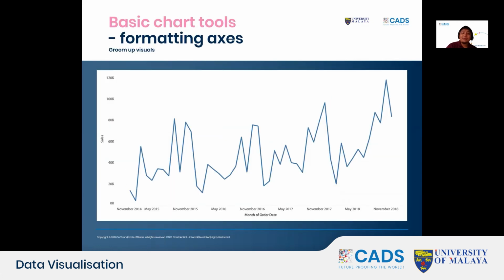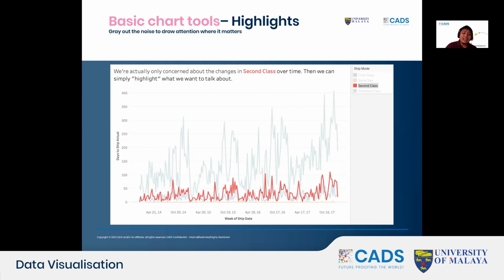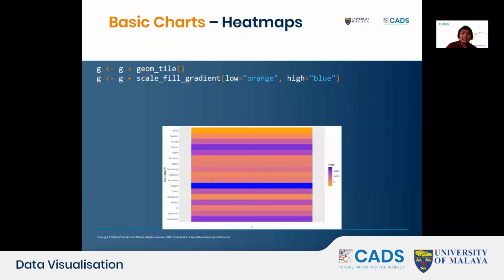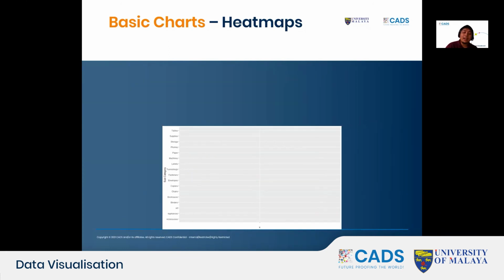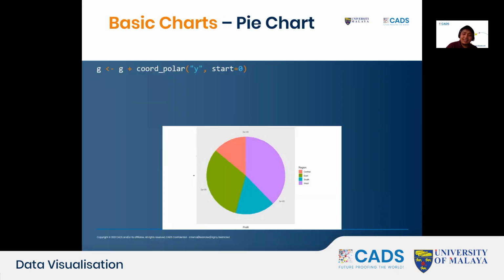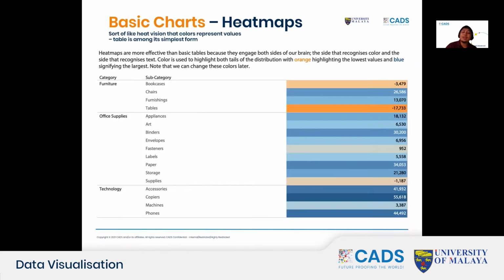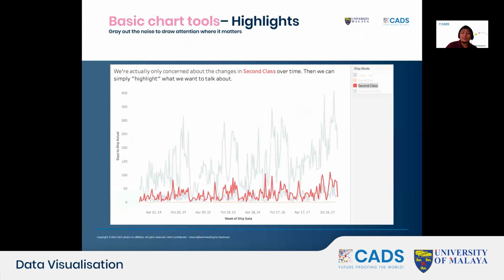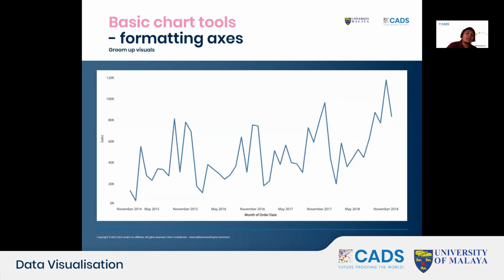You have formatting, right? Let's say if you get back to the original R chart, it's not very neat, right? There are some things that are not important for your audience to know. So you can go to formatting your axis to make sure the canvas is clean. You can change the way you present your value.